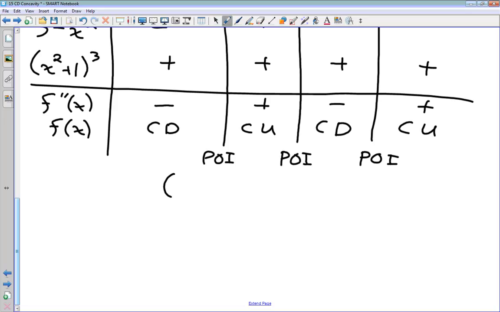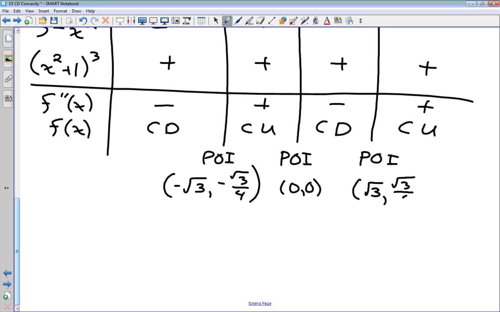So I can figure out the coordinates of those. Those are going to be negative root 3 over 4, 0, 0, and root 3 over 4. So I've got my intervals of concavity, and I've got 3 points of inflection.